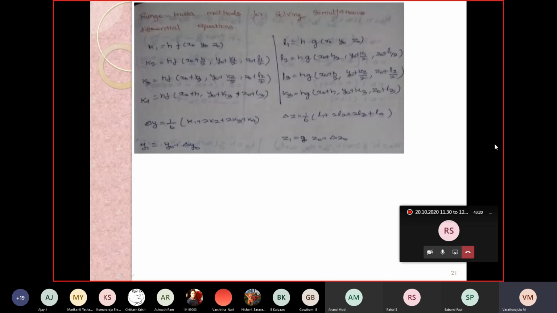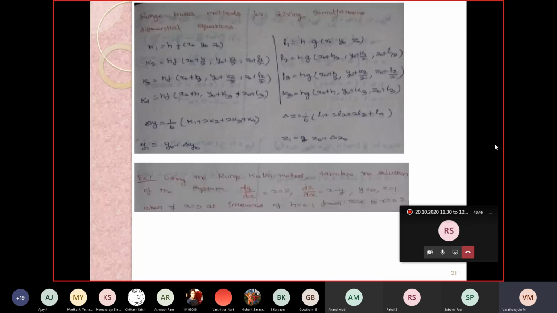We will see in the problem what l1 is and how we will calculate it. Then delta y and delta z, and we are going to find y1 and z1 when we are concerned about x. y1 is equal to y naught plus delta y, and z1 is equal to z naught plus delta z.